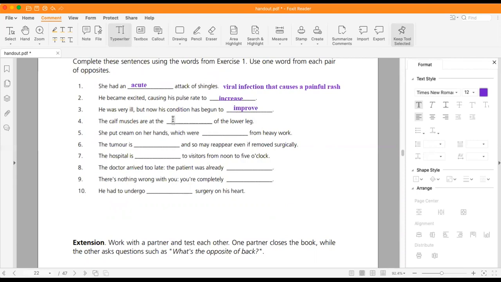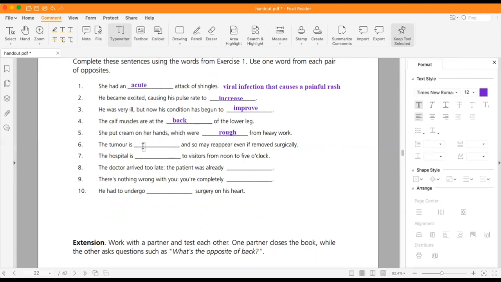The calf muscles are at the back of the lower leg. Of course, the calf is at the back of the lower leg. She put cream on her hands, which were rough from heavy work.